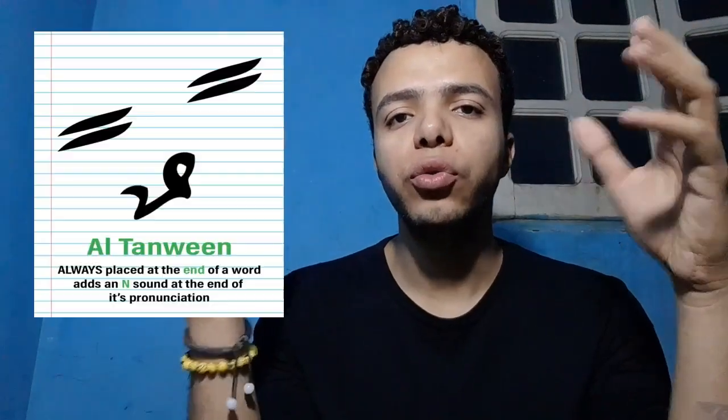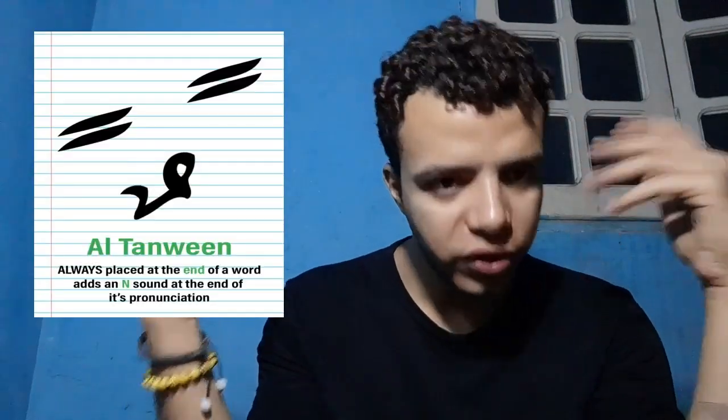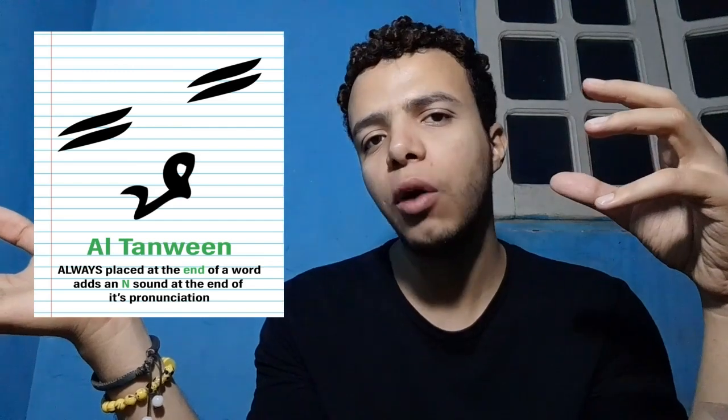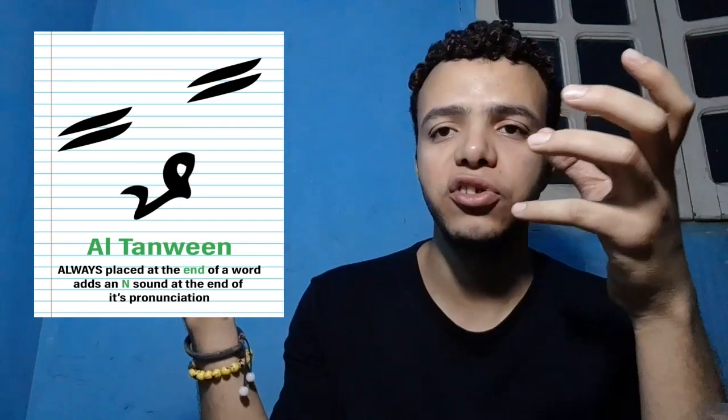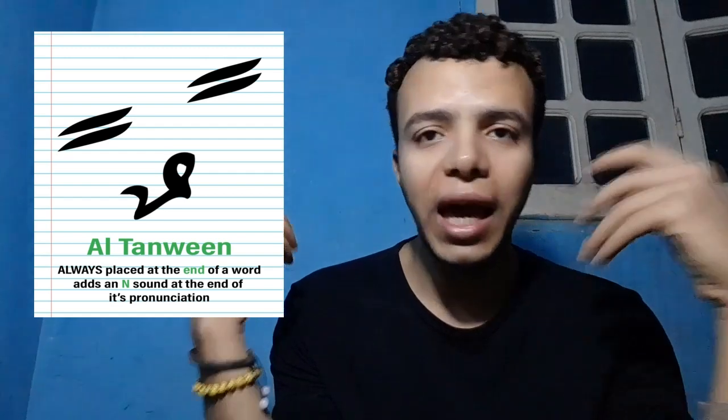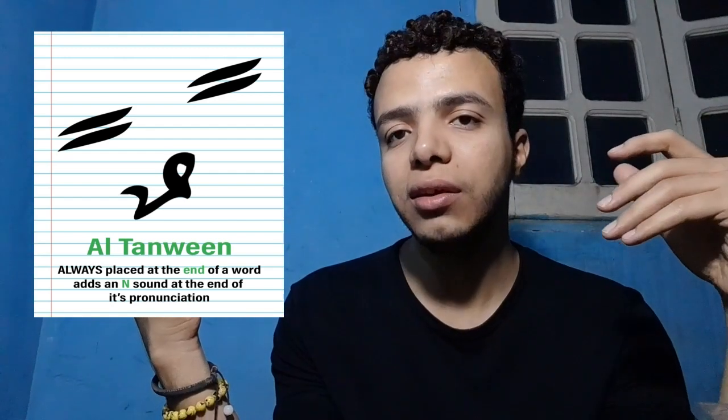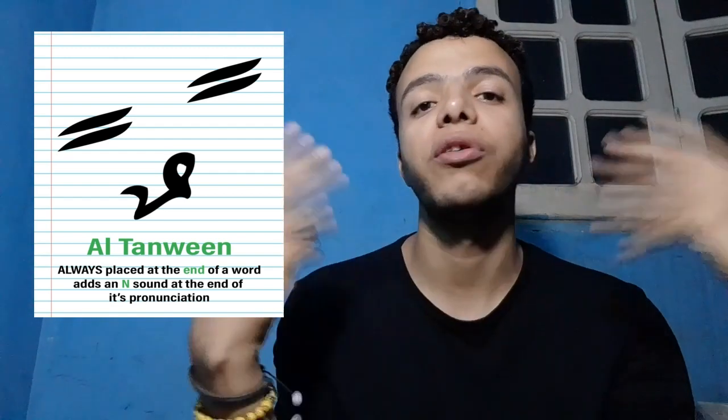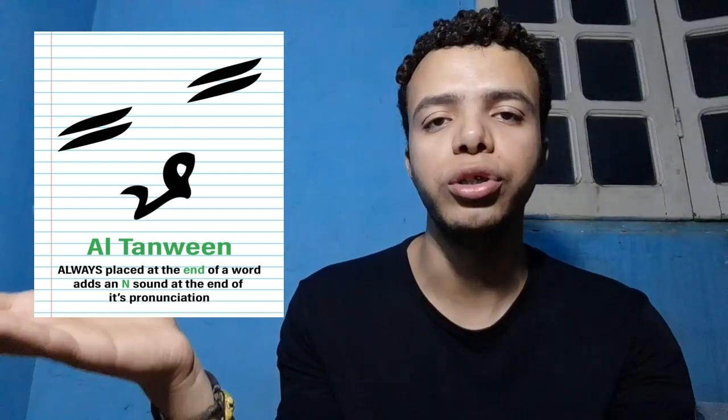So this is how we read it. Whenever we see it, we follow through with whichever vowel of the 3 that it's using, and then we add the N sound at the very end of the pronunciation of that word.